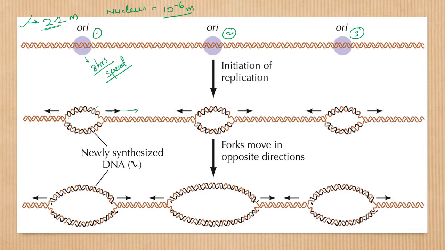So replication does not take place at one time along the entire DNA length. It starts at several origins, extends, and then replication is completed.